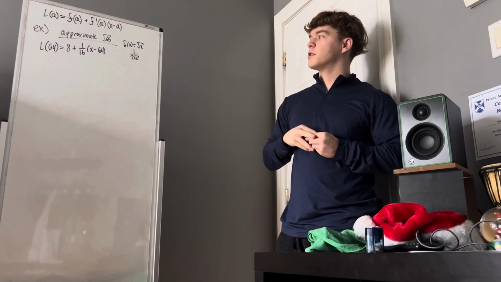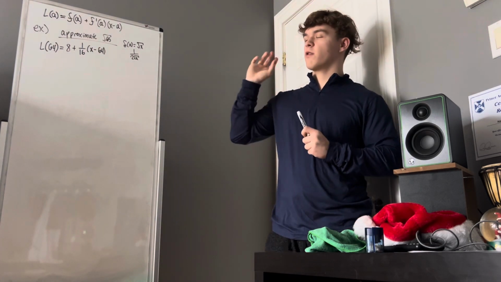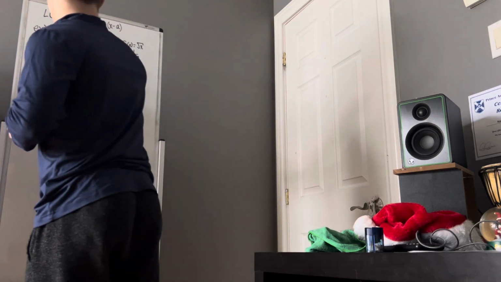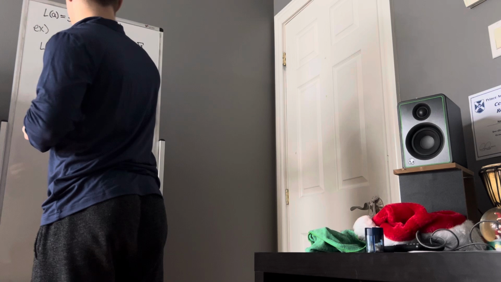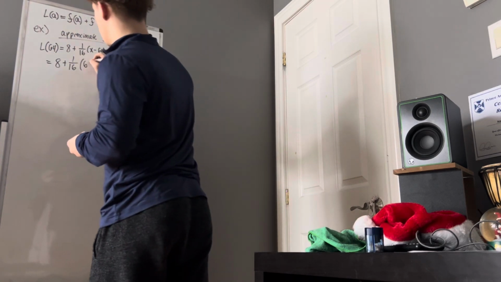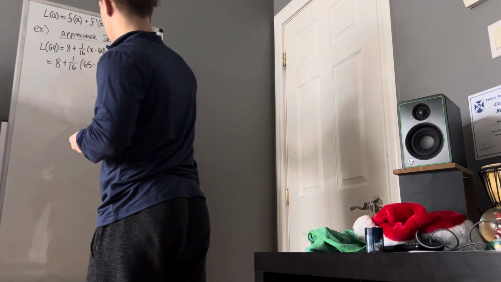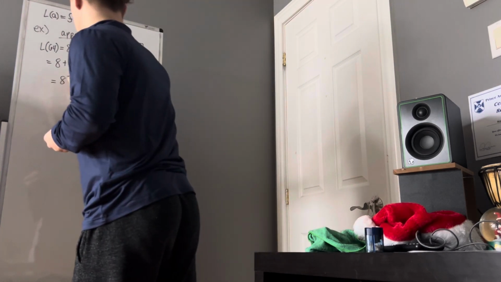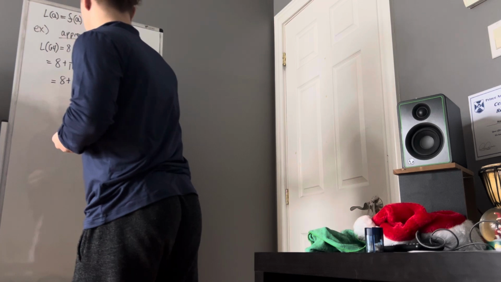So this is our equation for the linear approximation at 64 for any point. Let's approximate 65. Well, that's going to equal 8 plus 1 over 16. Our x value is going to be 65, minus 64. Well, that's just 1, so it's 8 plus 1 over 16.